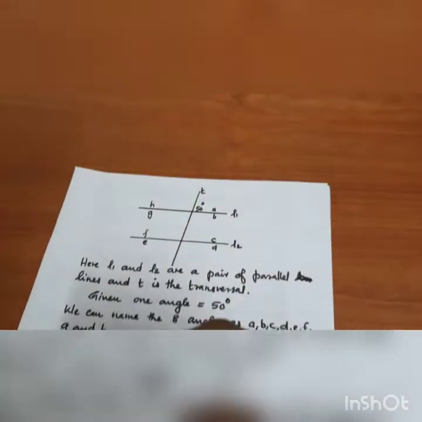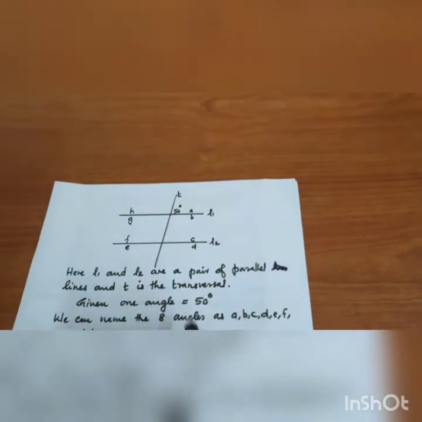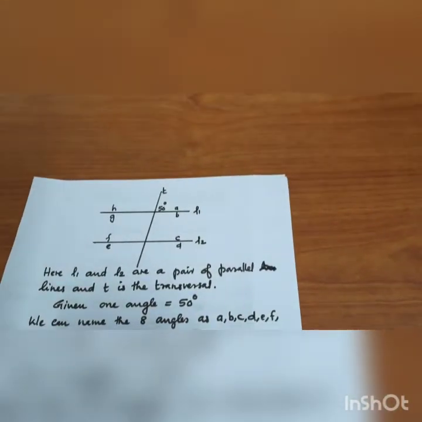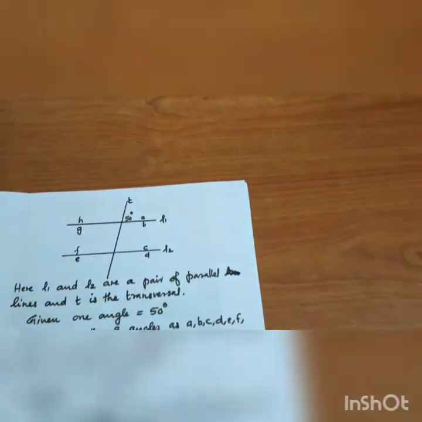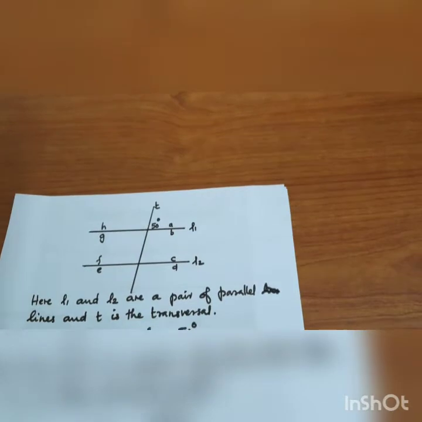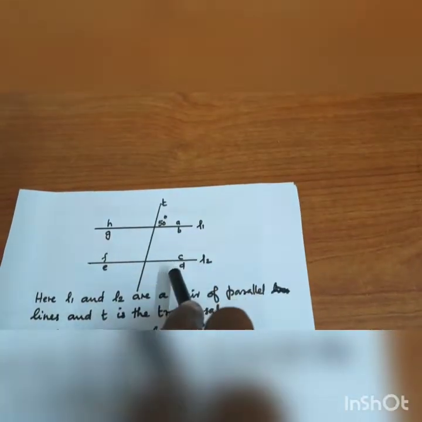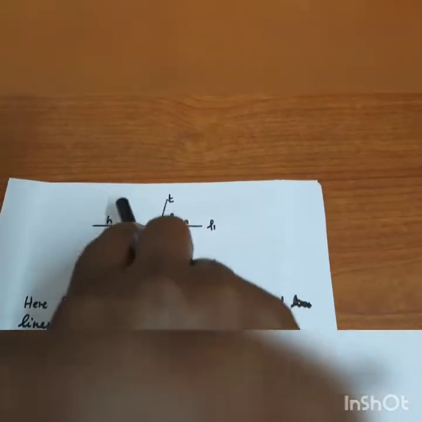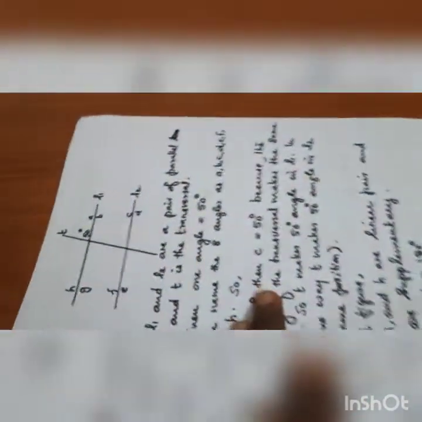In the last class, just the previous class, we studied how to draw a parallel line. And what about the angle when we draw a parallel line? Here, L1 and L2 are a pair of parallel lines and T is the transversal. Then the 8 angles can be named A, B, C, D, E, F, G and H. So, like this.